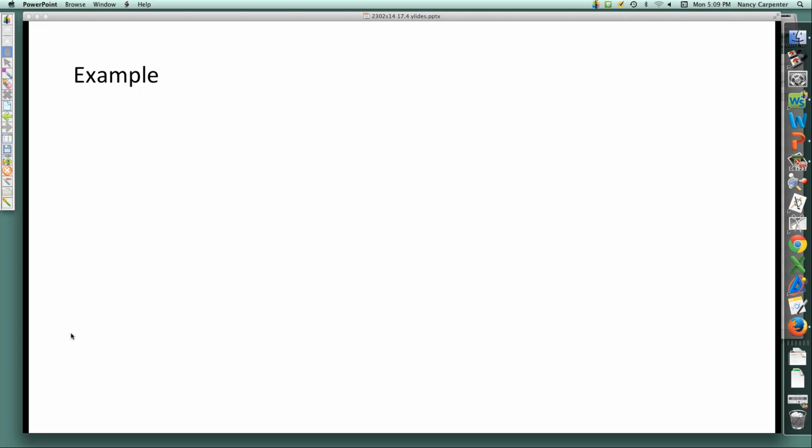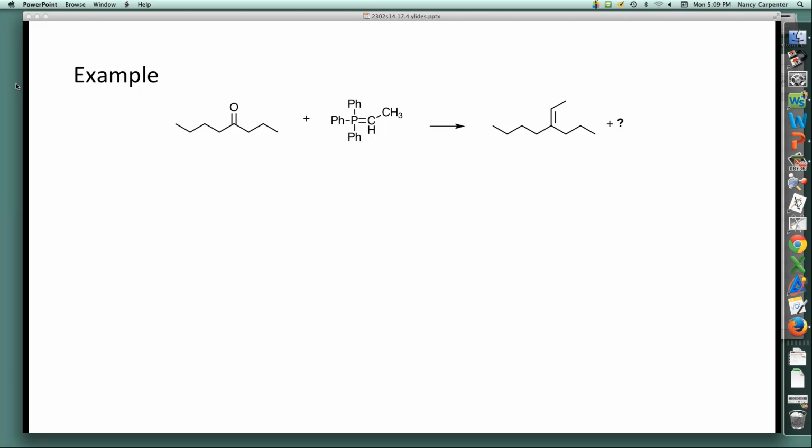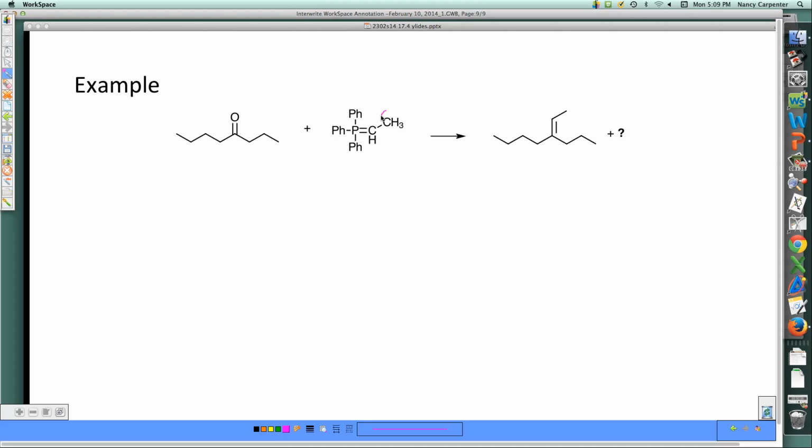Alright, another example. Let's look, for example, at this 4-octanone reacting with this Wittig reagent, and you should be aware that Wittig reagents can have all kinds of things connected here. It can be a longer carbon chain, it could be an ester, there can be all kinds of different functionality on your Wittig reagent.